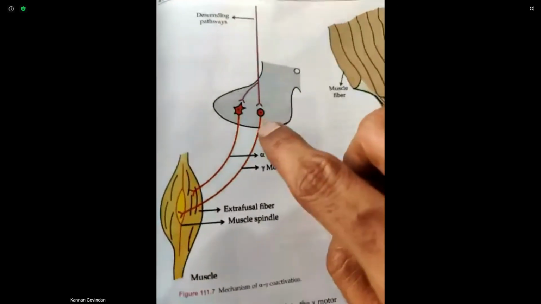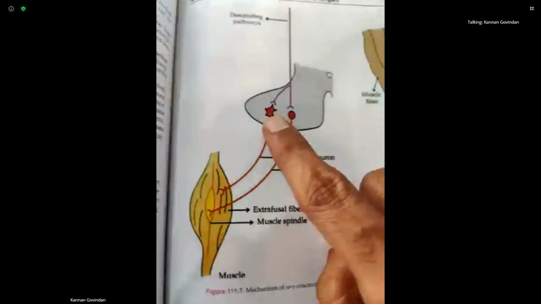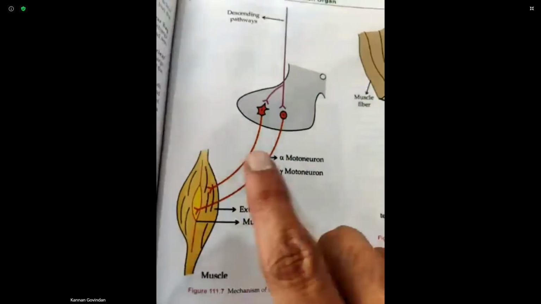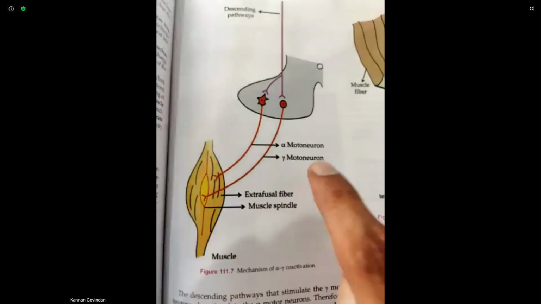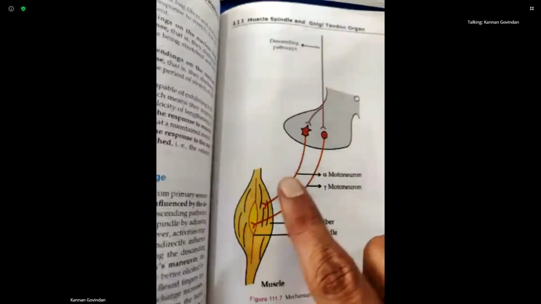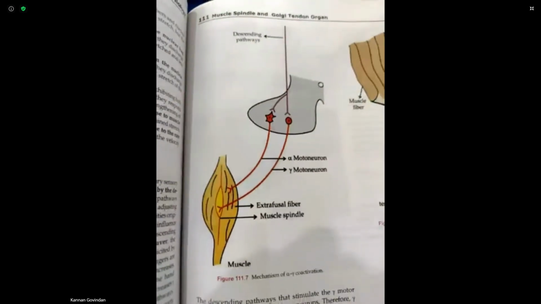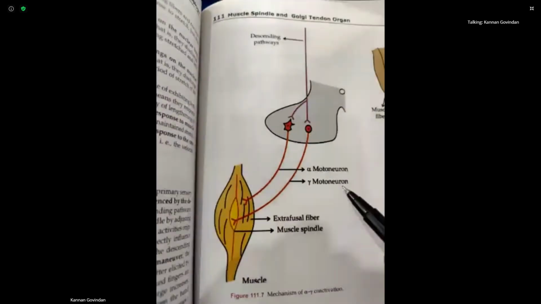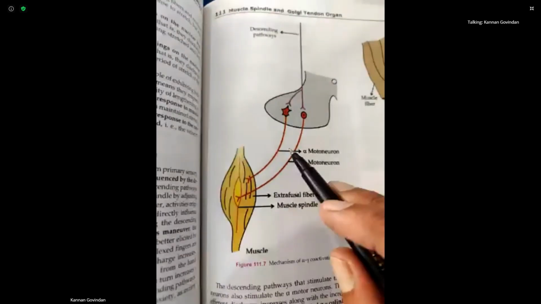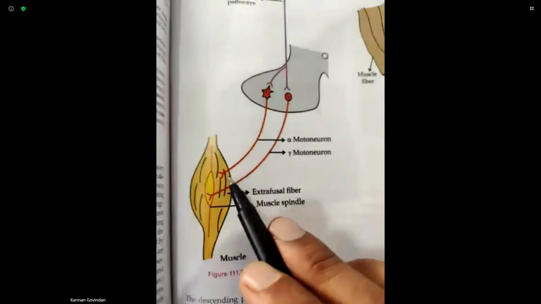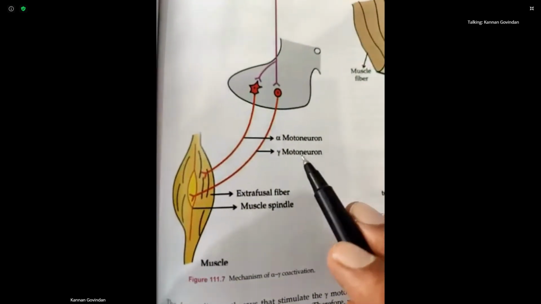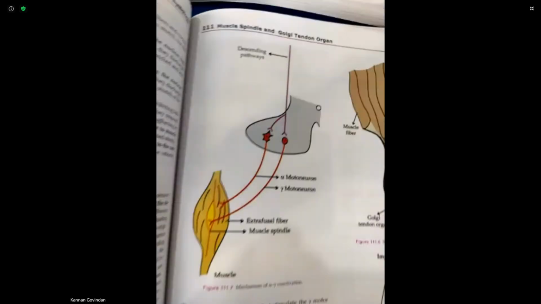The descending pathways will come and end in the anterior horn cells. From the anterior horn cells, we have 2 types of motor neuron, alpha motor neuron and gamma motor neuron. So the majority of the fibers come and end in alpha motor neuron, 70% of fibers, remaining 30% in gamma motor neuron. The alpha motor neuron is a motor neuron to extrafusal fiber. The gamma motor neuron is a motor neuron to the muscle spindle.